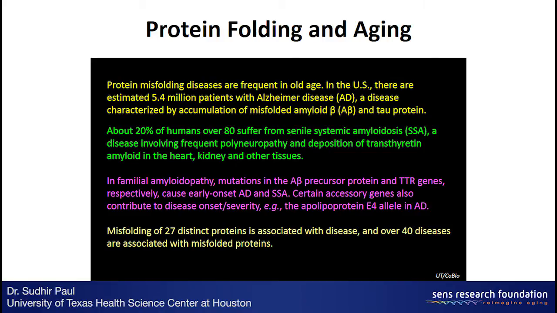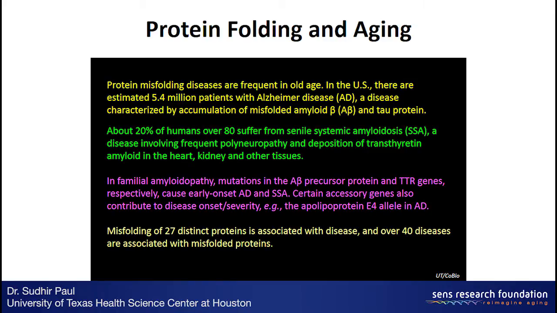In familial amyloidopathy, these proteins, examples are transthyretin or amyloid beta peptide, undergo mutations that tend to make the polypeptides aggregate at a faster rate, and this causes early onset Alzheimer's disease or senile systemic amyloidosis. Other genes can also be involved.